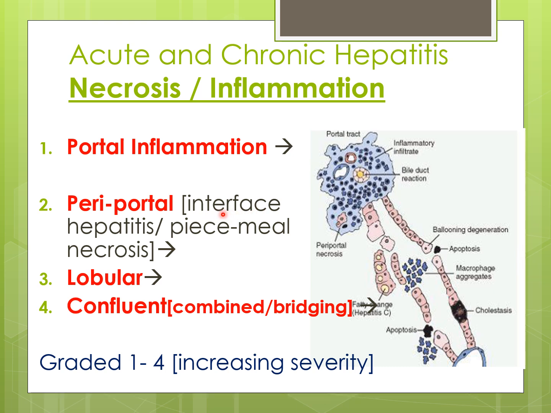One is called interface hepatitis, because this inflammation occurs at the interface, the junction between the portal tract and the hepatic nodule. Then it is called piecemeal necrosis because in the beginning only small pieces of necrosis and inflammation occur. So it is also called piecemeal necrosis.